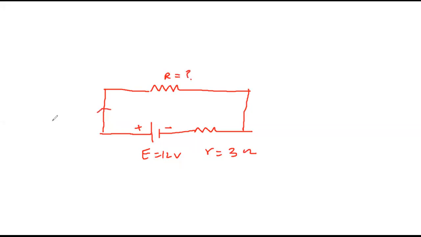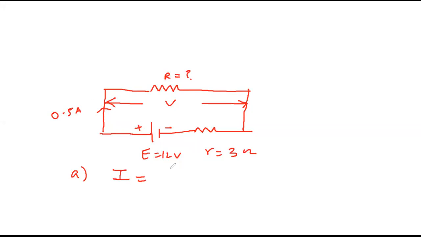It is supplying current of 0.5 ampere. Calculate terminal voltage of the battery when the circuit is closed. Two things we have to find. Terminal voltage: if I get I, then I into R will give me terminal voltage.